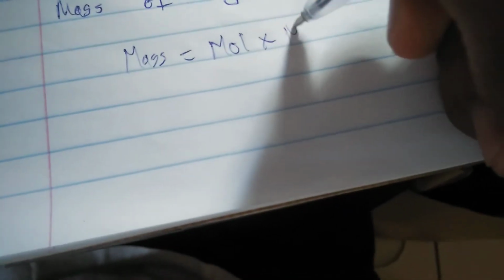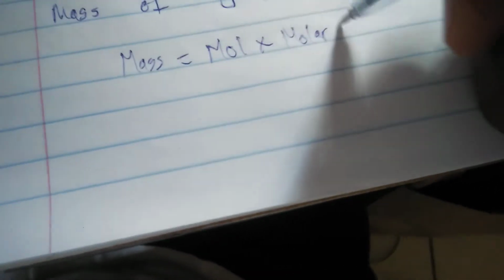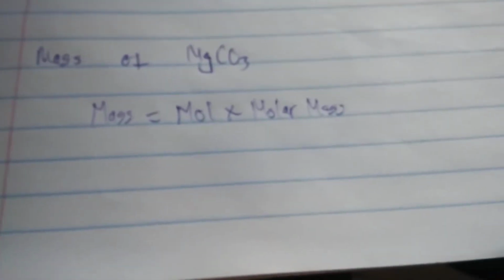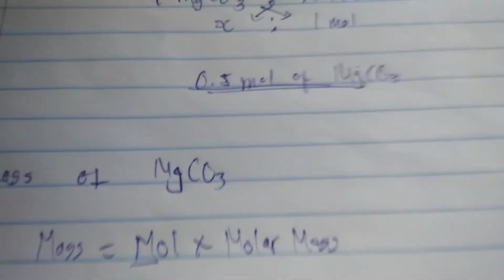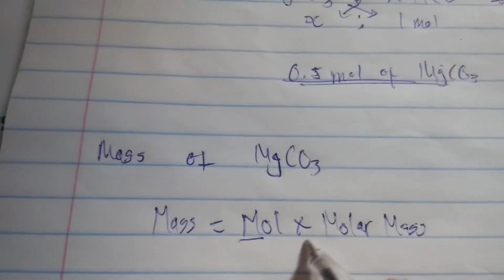When you calculate the mass, you know that mass is equal to mole times the molar mass of that compound. So now we have the mole, which is 0.5, and we have to calculate the molar mass of magnesium carbonate.